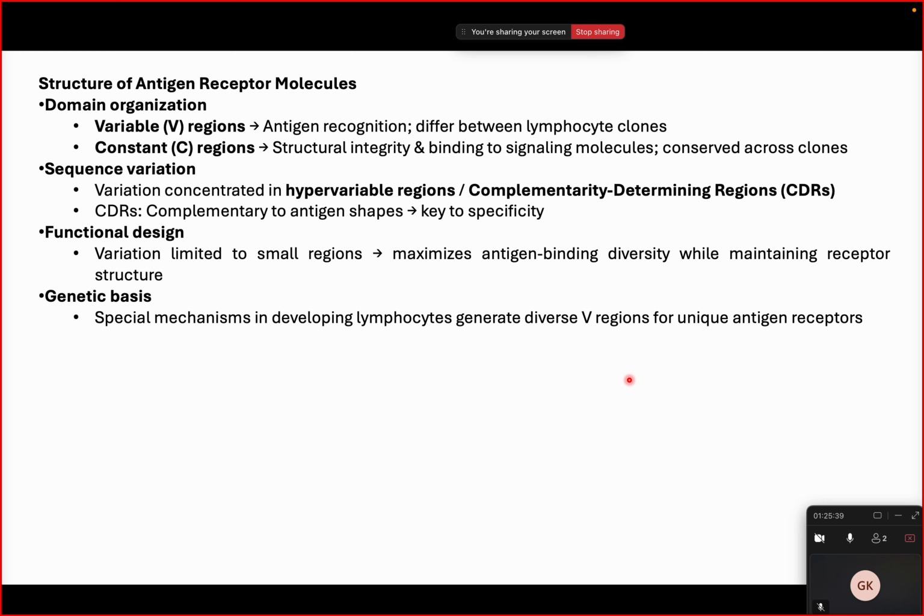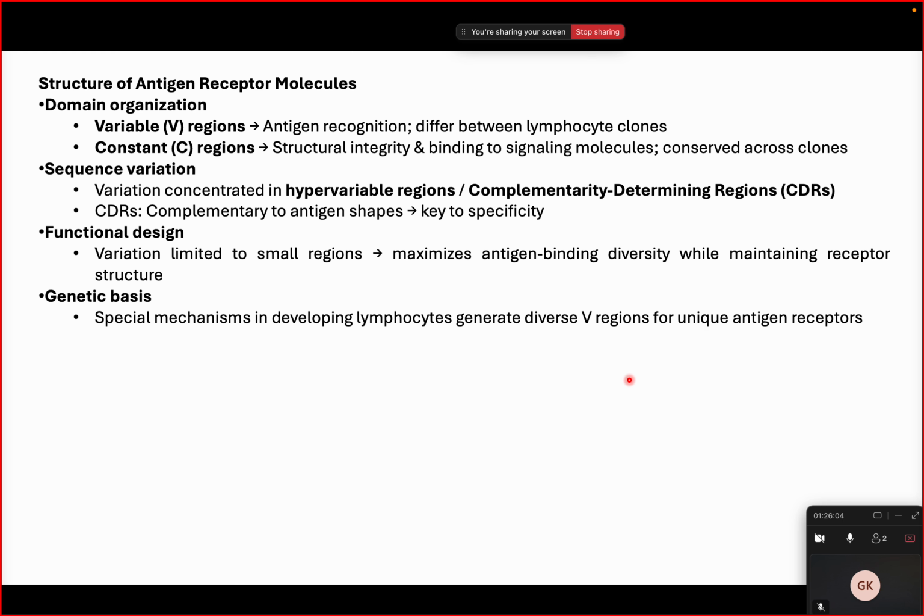Okay. CDRs are the key to specificity, which means cell 1, which was anti-X, the sequence which is changed between anti-X and anti-Y will mostly be from the variable region, and even in the variable region, a place will be highly variable, called hypervariable regions or CDRs.